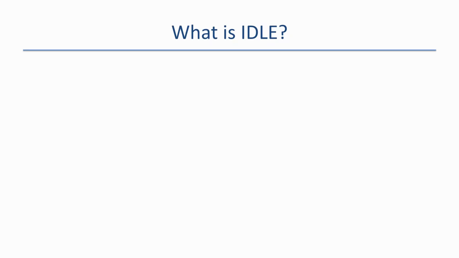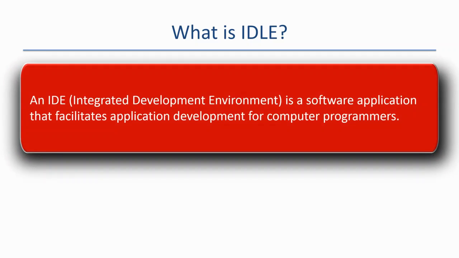So let's go back to the objectives of the lesson. The first one was, what is IDLE? Before I can tell you what an IDLE is, let me tell you what an IDE is. IDE stands for Integrated Development Environment, and it is a software application that facilitates application development for computer programmers.